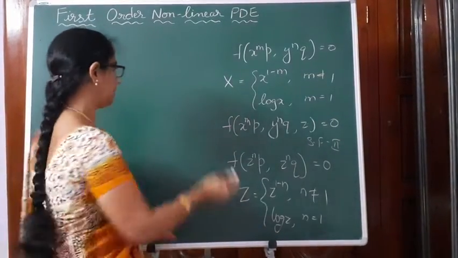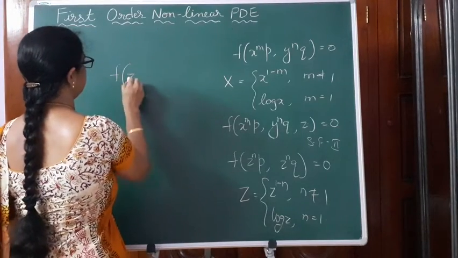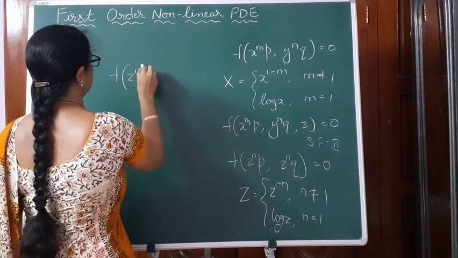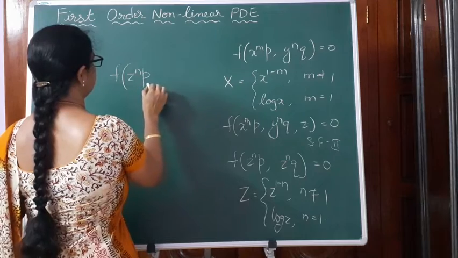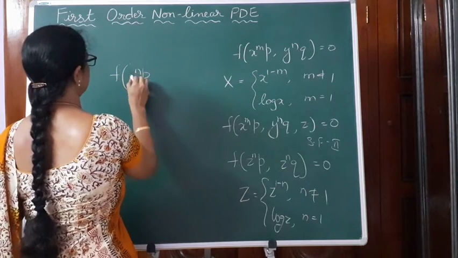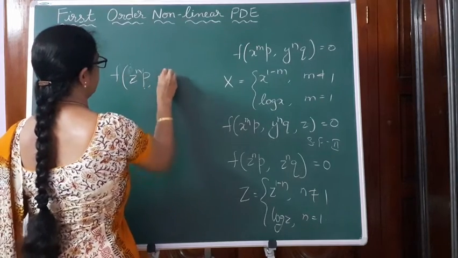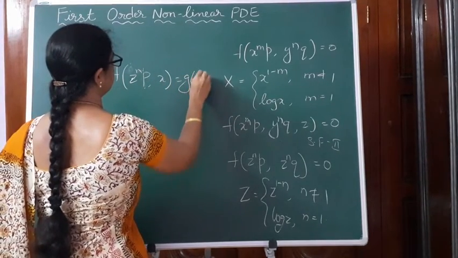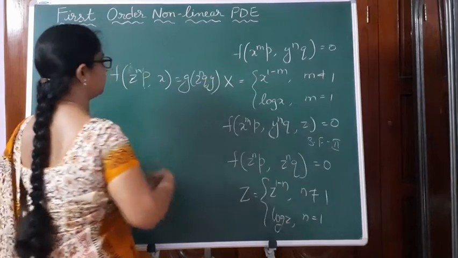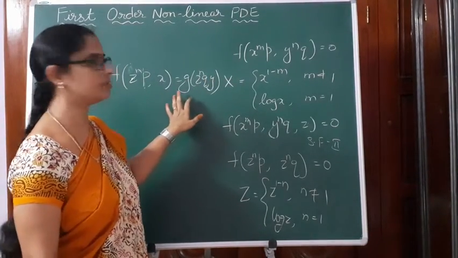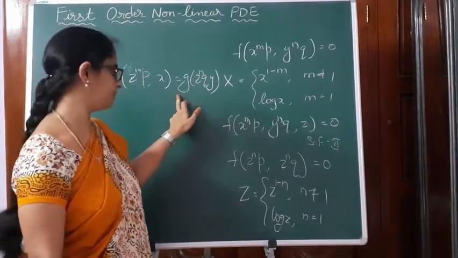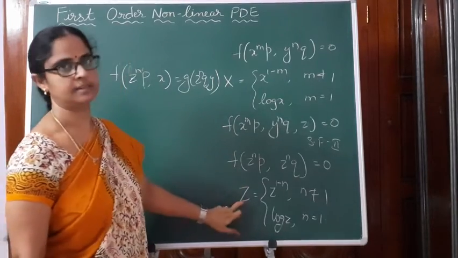Similarly, we can reduce the variable separable form of equations f of z power n x power n p is equal to g of z power n y power n q. Such type of equations can be reduced to standard form 3 or variable separable form using this substitution.